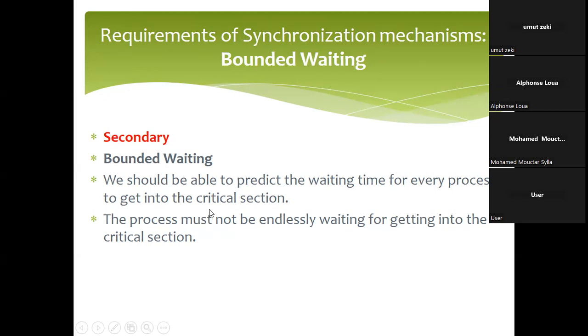So, independently, one process is waiting for another thing, something like that. But think about that. One process is waiting for the critical section, but its time will never come. So we have to give a limit to it. It is something like, let's say you are waiting in traffic inside the car.